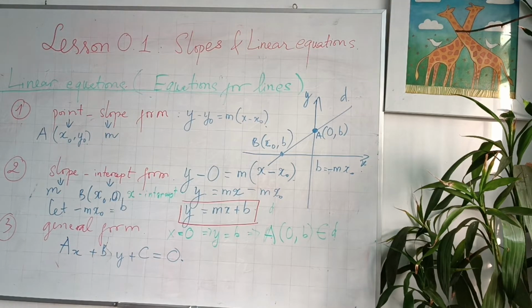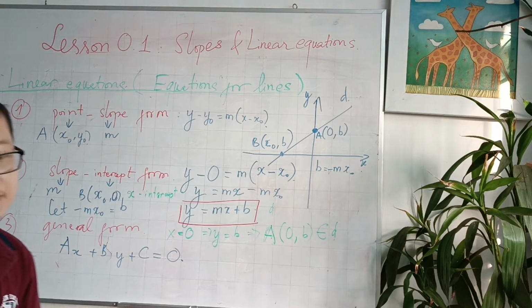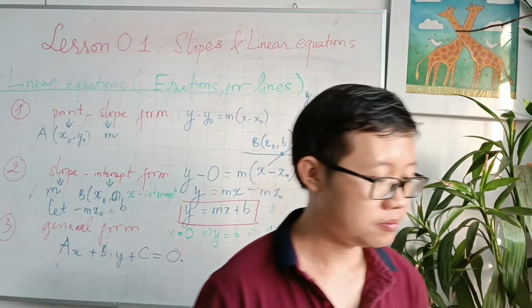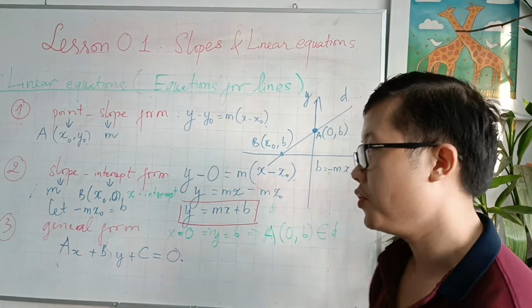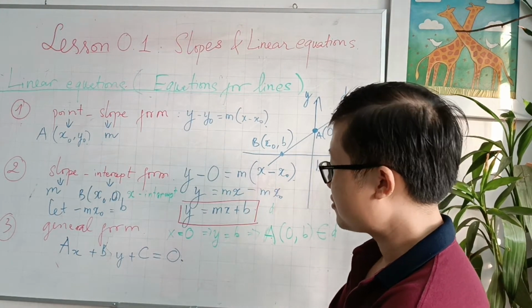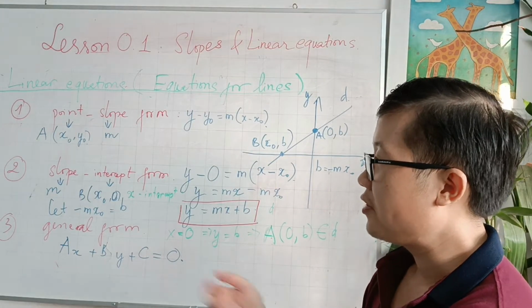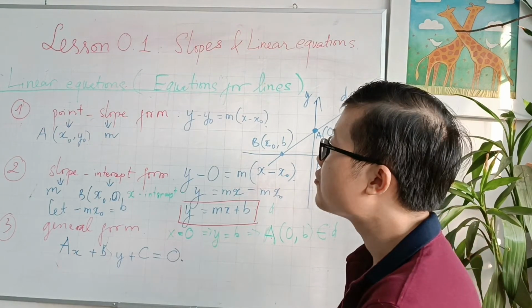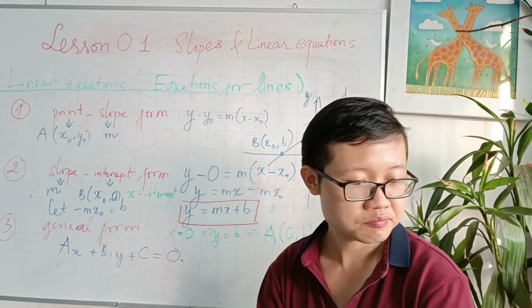So when you want to write the last form, you must write the first or the second form, and expand all the expressions, and you have the general form of the linear equation. So this is the theorem, and we can do some exercises to make it easier for you to remember this linear equation.